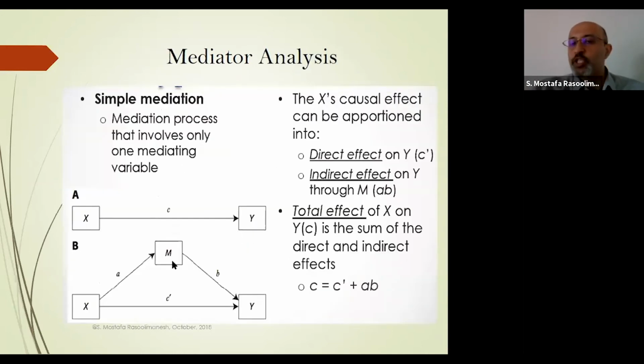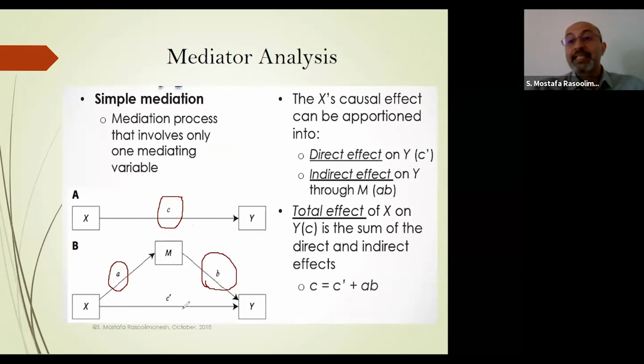So based on Baron and Kenny, we have to assess the significance of this C, and this C should be significant. Then we include the mediator. This A should be significant. This B should be significant. That is the second step.